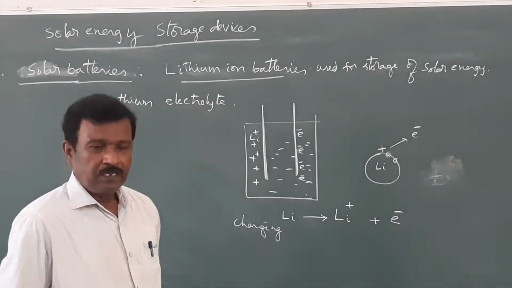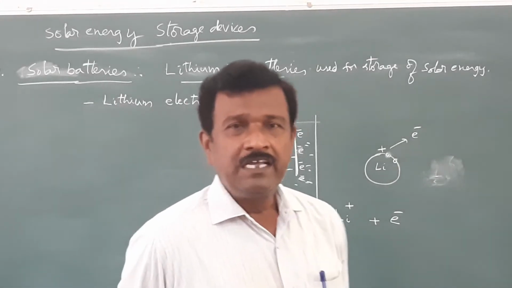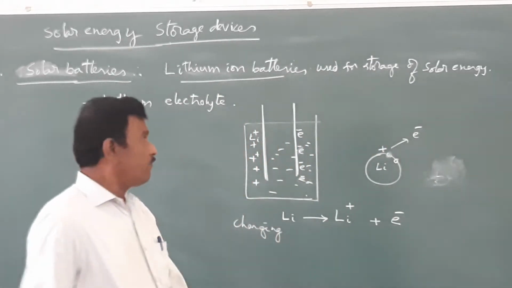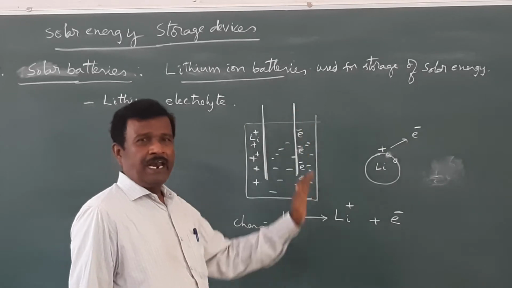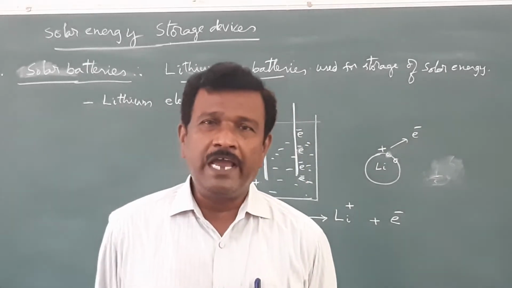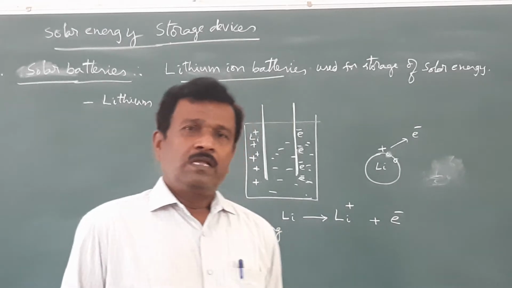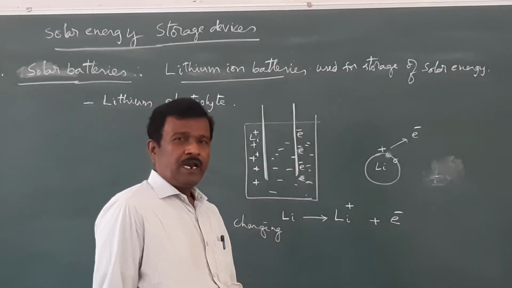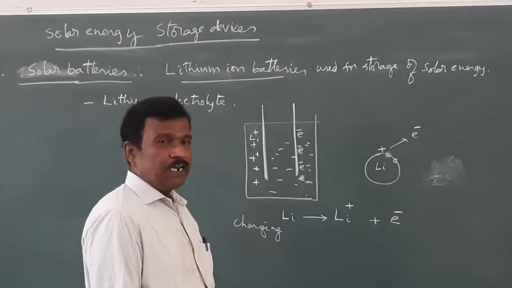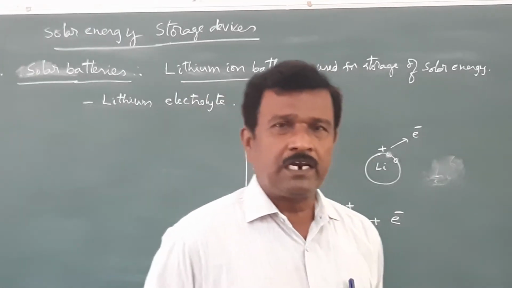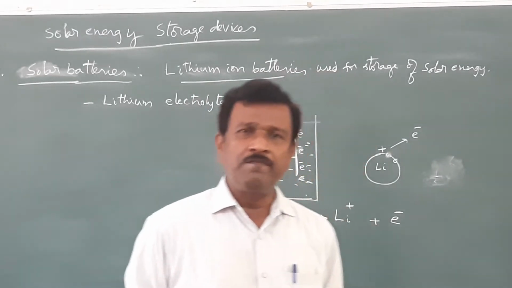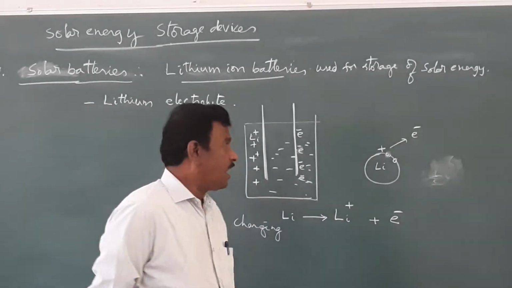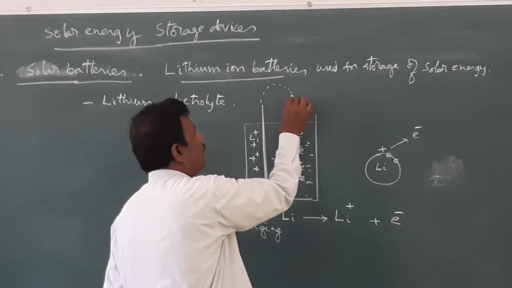Therefore, the charging of a lithium ion battery is nothing but separation of lithium ions and electrons in the electrolyte. Then all these collected electrons will constitute a negative electric field and lithium ions will constitute a positive electric field. As a result, a potential difference is established between the two terminals and current will pass through the circuit.